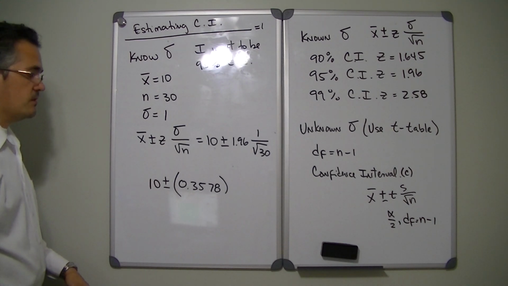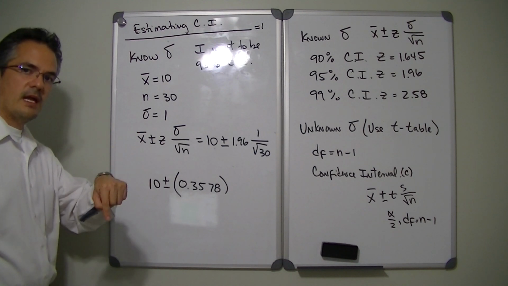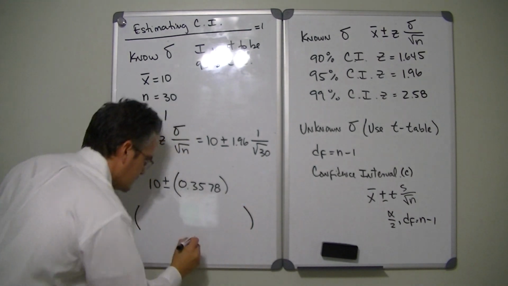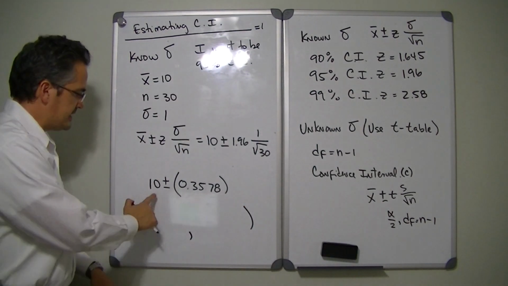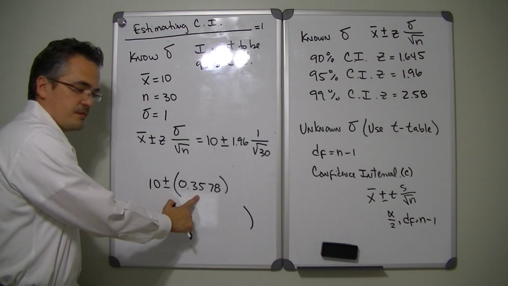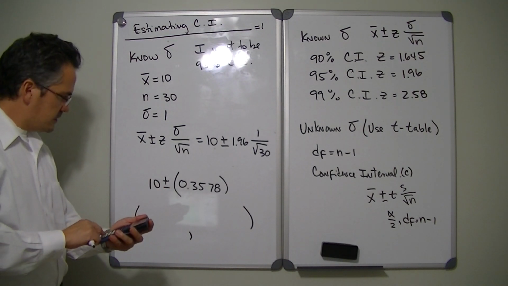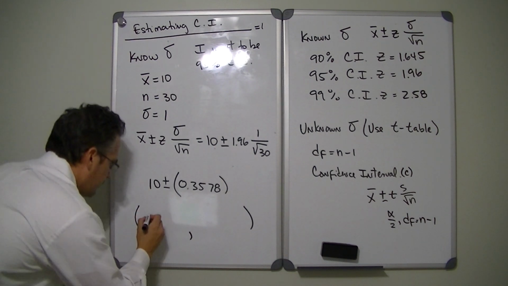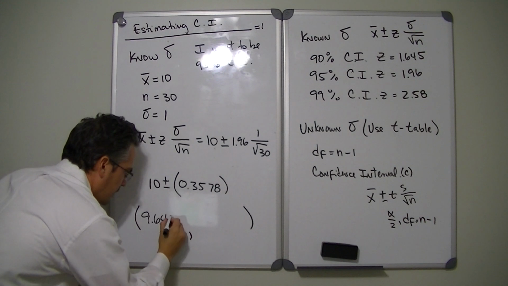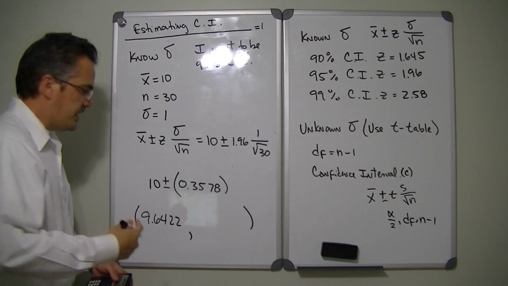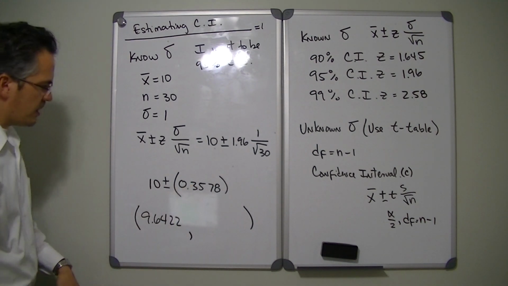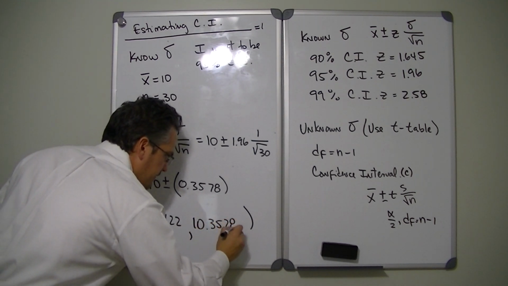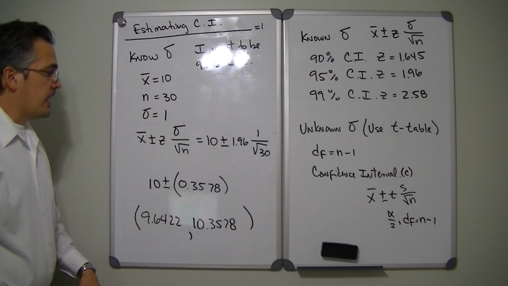The answer to a confidence interval is two numbers: a low value and a high value. The low value is 10 minus the margin of error, so we do 10 minus 0.3578, and we get 9.6422. Then we take that 10 and add our margin of error, so we end up with 10.3578.